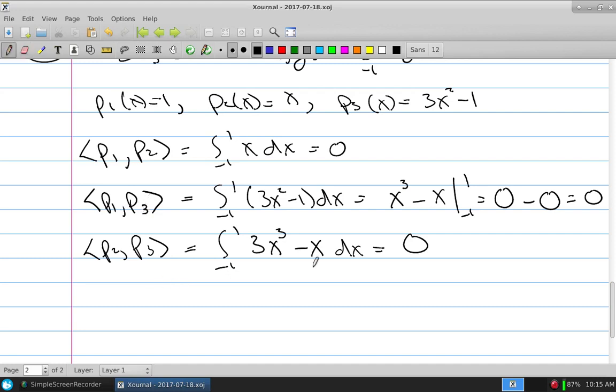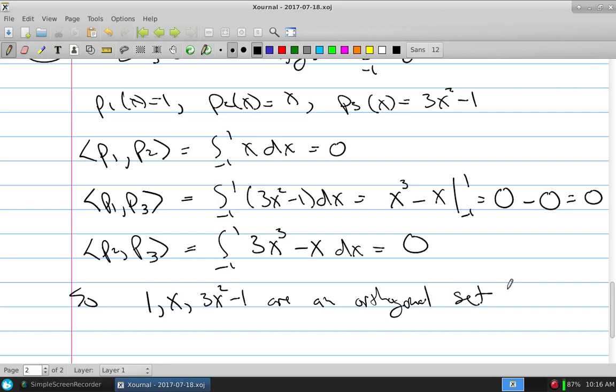So this set of polynomials are what? They're orthogonal. And so 1, x, and 3x squared minus 1 are an orthogonal set.